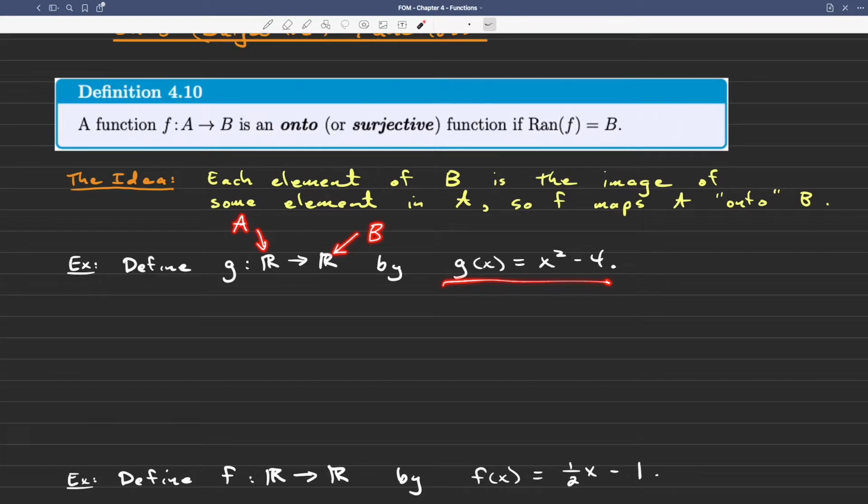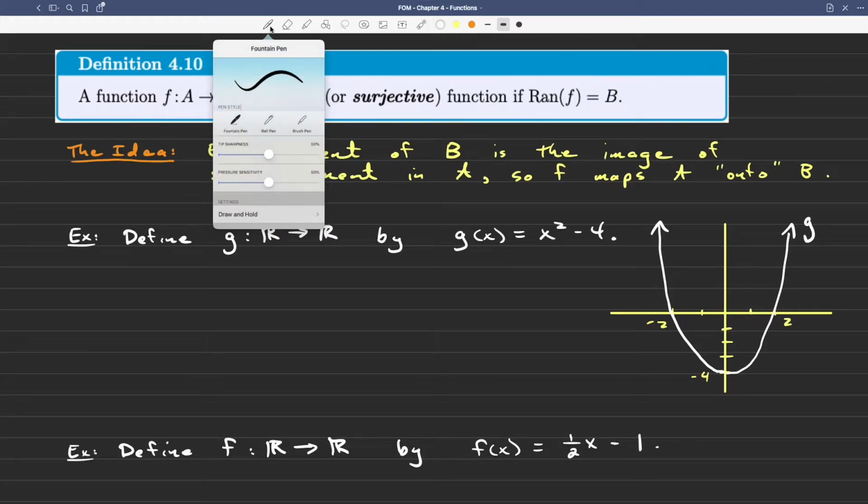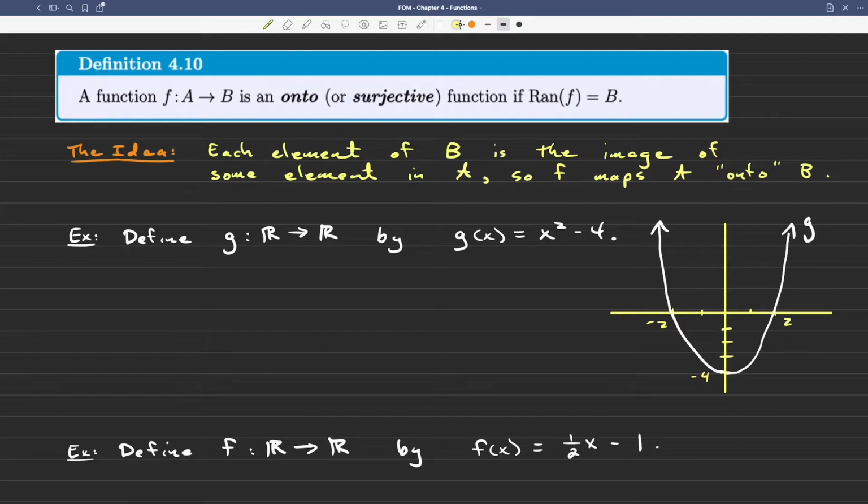And you've got this formula. Well, we've seen a picture of this graph several times. It's just that upward pointing parabola that's shifted downward by 4. Let's see a picture of that again. Basically, what you can ask yourself when thinking about whether this function is onto is, is every element of the codomain a y value on the graph of that function?